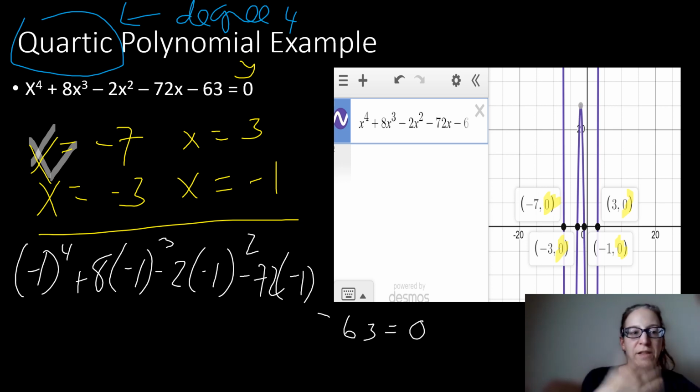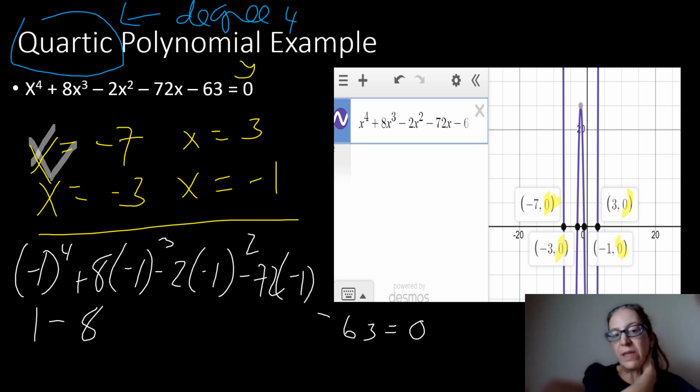-1 to the 4th, that's -1 times -1 times -1 times -1, which is a positive 1. 8 times -1 to the 3rd. Now the 8 is not being raised to the 3rd, only the -1 is. So you have -1 times -1 times -1, which is -1. 8 times -1 is -8. In the next one, you've got 2 times -1 squared.